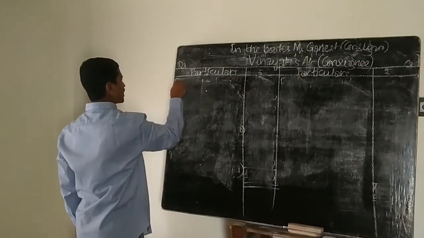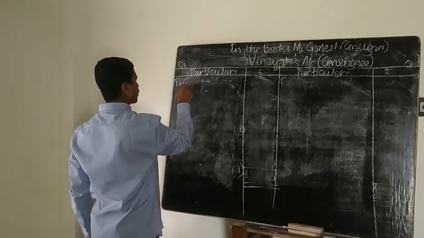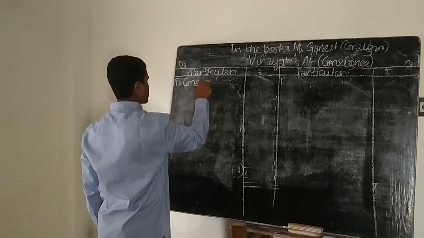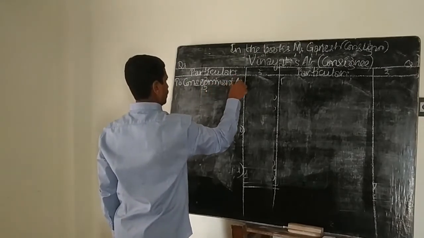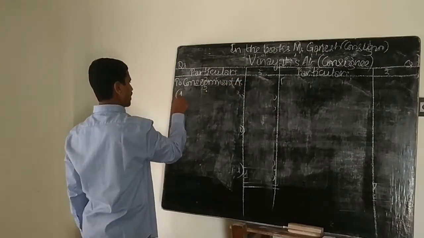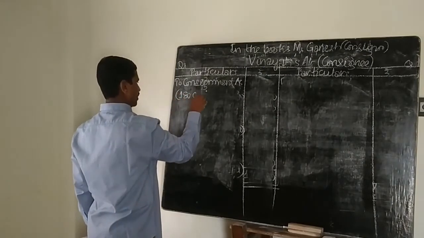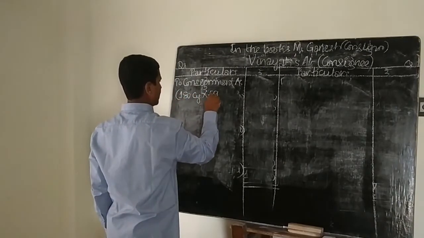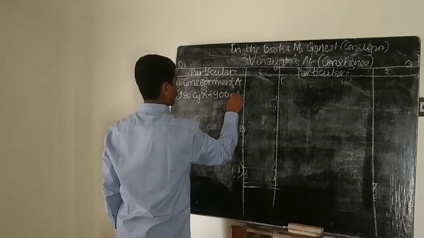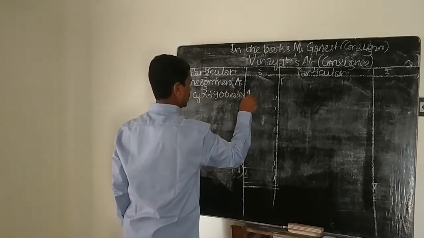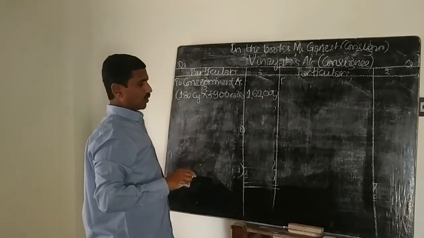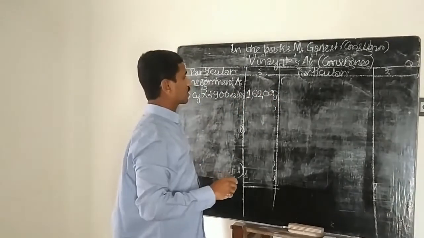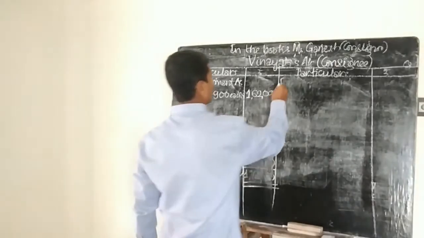So when the sales are made by consignee here, then entry will be Vinayak's account debit to consignment account here. So consignment account. Again same here, 180 cycles at the rate of ₹900 each. So that comes to 1,62,000. Right? When the expenses are paid by Mr. Vinayak, then the entry will be consignment account to Vinayak's account.